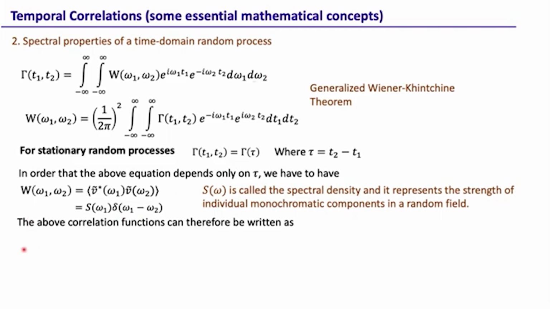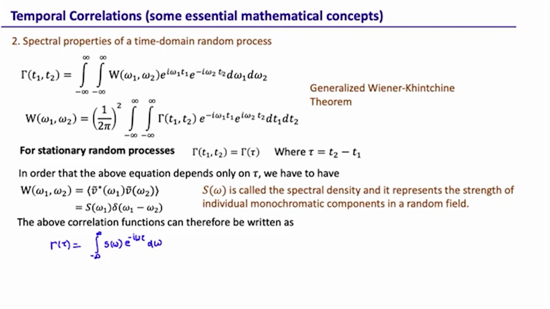What we end up with on the left hand side is gamma of tau, and one integral goes away, so just a single integral from minus infinity to infinity of S of omega, e to the minus i omega tau, d omega. So for the stationary random process this becomes just this.